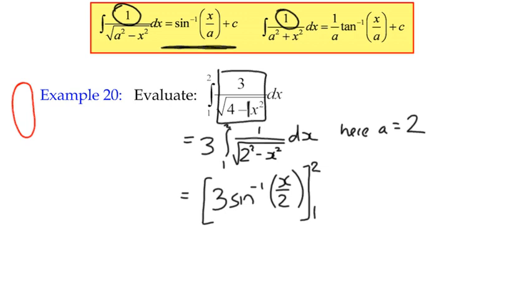So we've actually got our integration completed, and now we can do our substitution. We can say that our first term, substitute 2 in, we get 3 times the inverse sine of 2 over 2, which is 1, minus 3 times the inverse sine of a half.